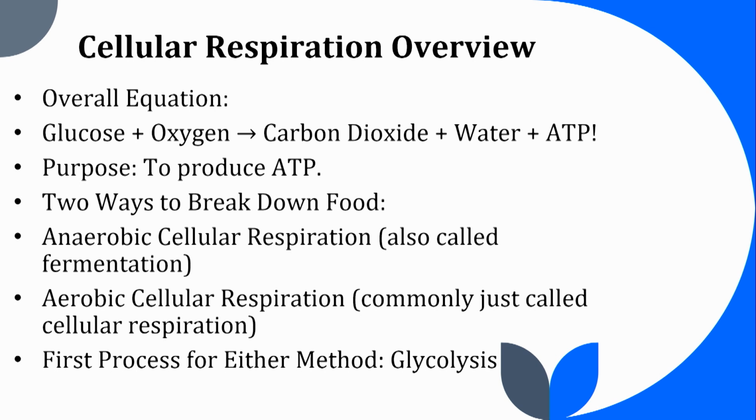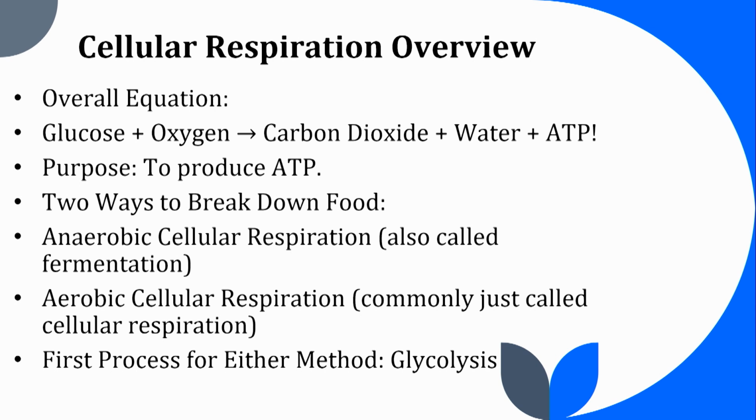There's two ways to break down food. This is a review of last time. You can either do anaerobic respiration, which is when your cells don't have any oxygen. Sometimes you'll see this called fermentation. There's alcoholic fermentation, there's lactic acid fermentation, but they're both very similar. Or the next bullet point, we can do something called aerobic respiration.